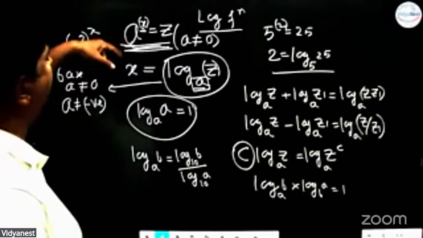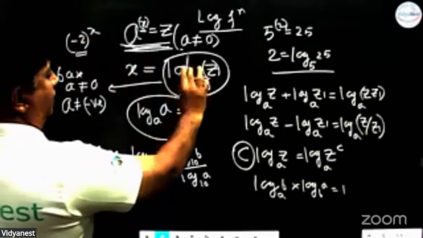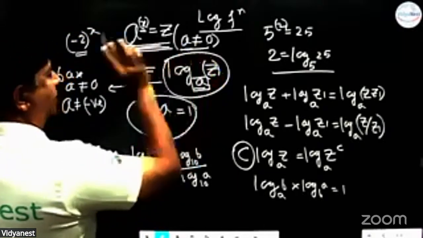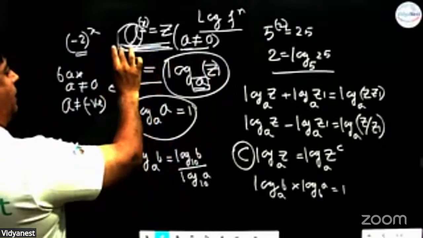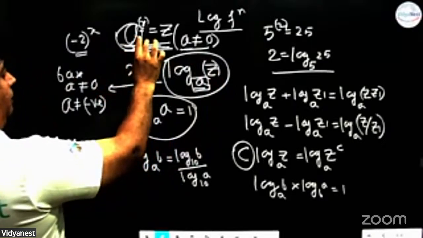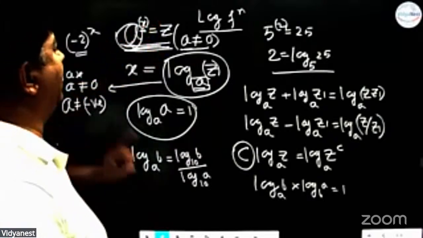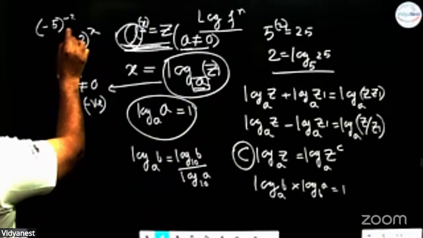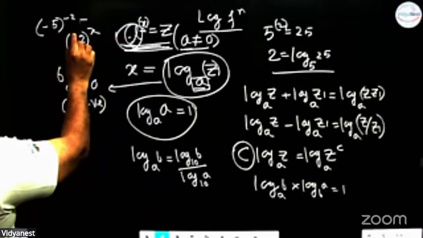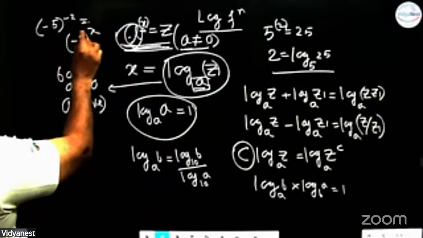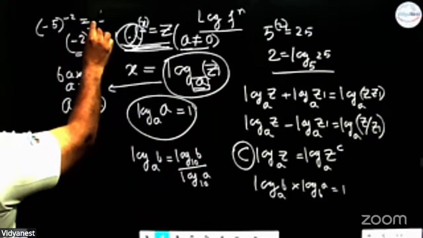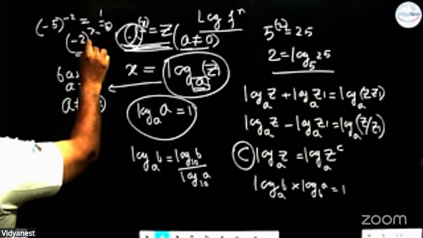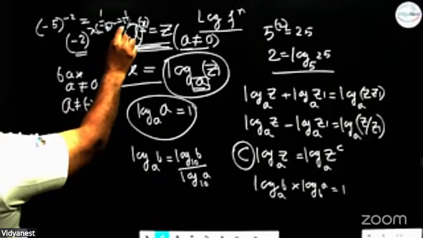Now, barring this value a equal to 0, whatever be the value of a and the power x, z cannot be negative. Suppose minus 5 to the power minus 2, both are negative, but result, see, 1 by minus 5 whole square, so 1 by 25 positive.